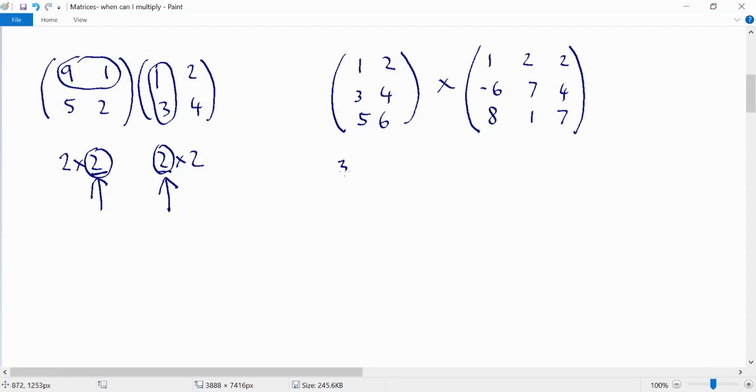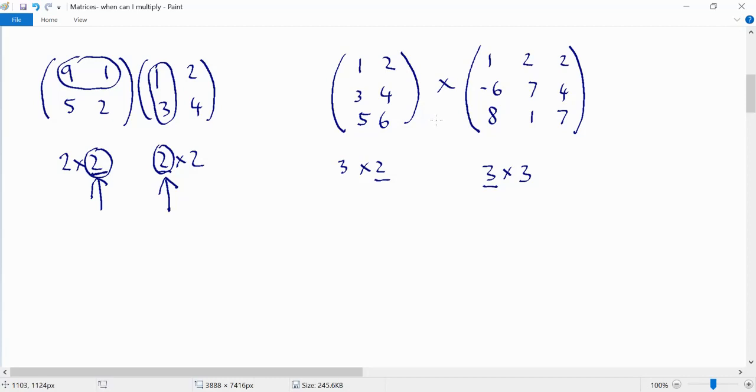So we've got a 3 by 2 matrix over here, and over here a 3 by 3 matrix. Is it possible to multiply them together? Short answer, no. It's that simple, just because this number and this number are not the same as each other.